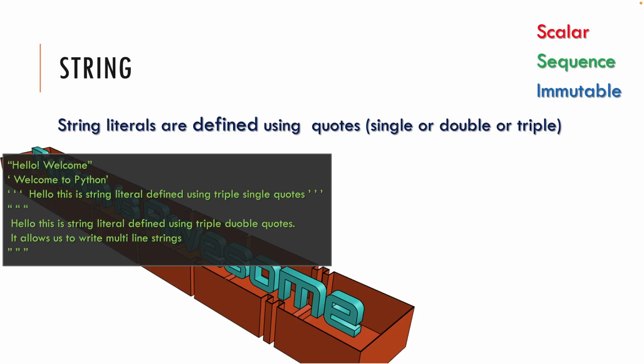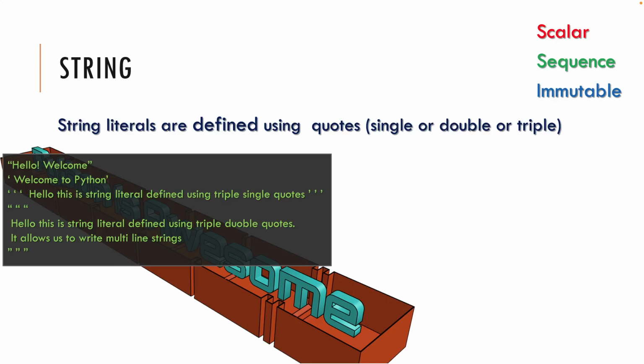Okay, so what is the syntax to define a string? In our general language, think of it as text. In the Python language, we call it a string. A string is a sequence of characters. How do we define a string in Python? Using quotes.